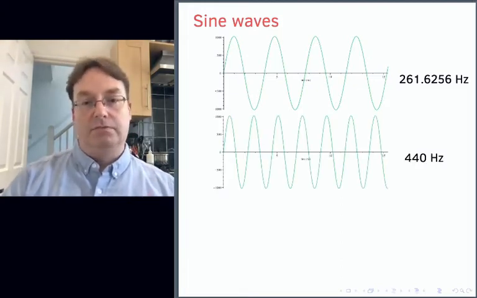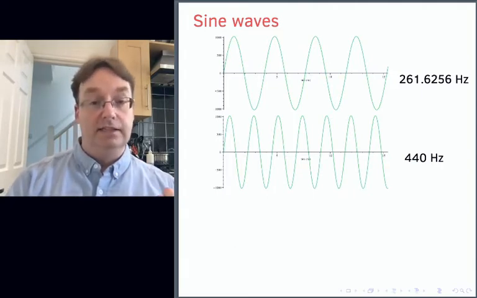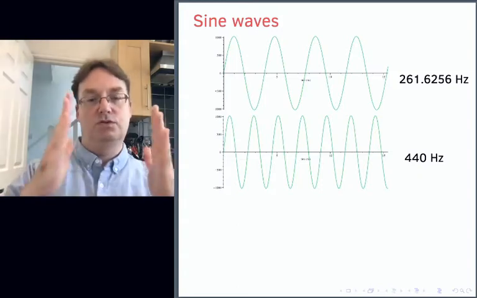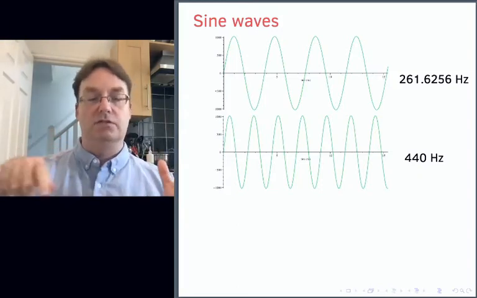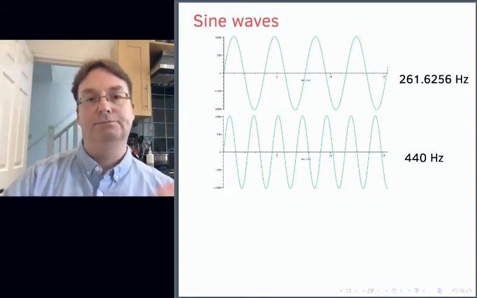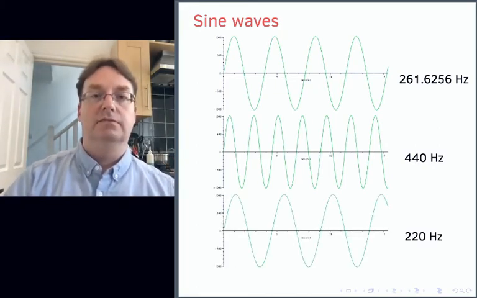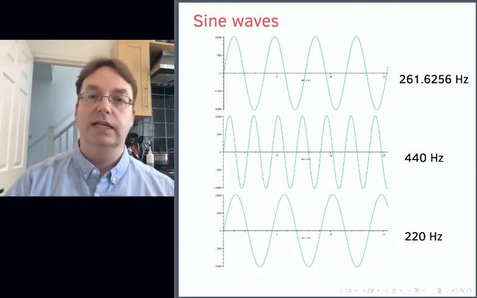This next one, that's the A above middle C, that's 440 hertz. Now what we've done here is we've squashed the wave together, we've increased the frequency so it's oscillating more rapidly. And then the third one here, the A below middle C, that's 220 hertz.